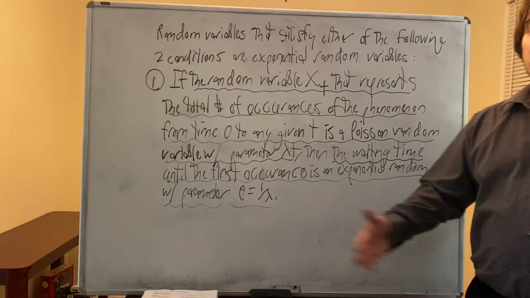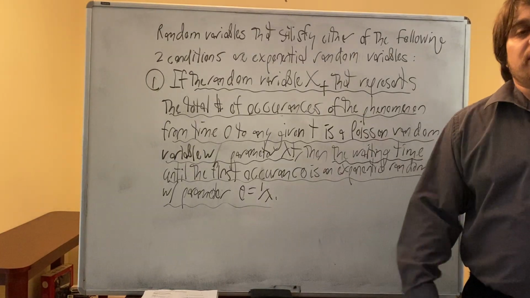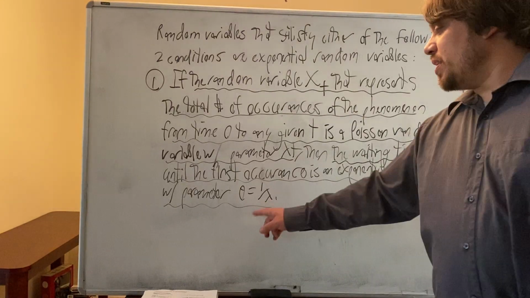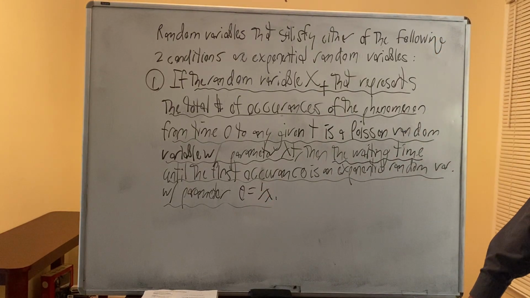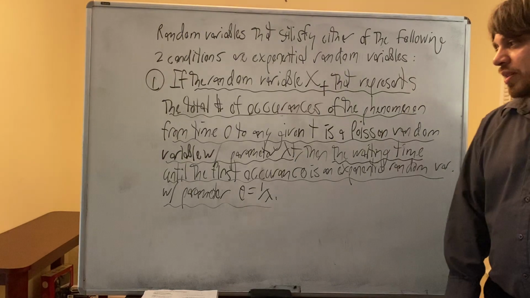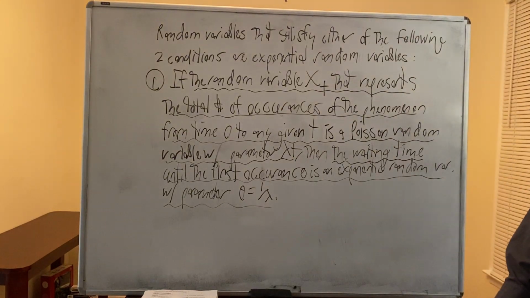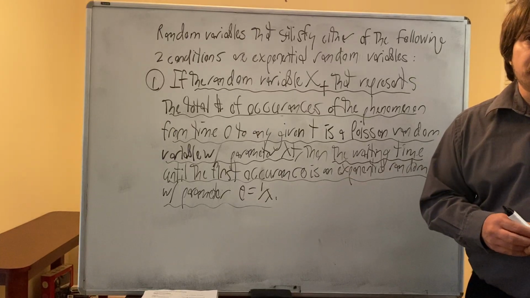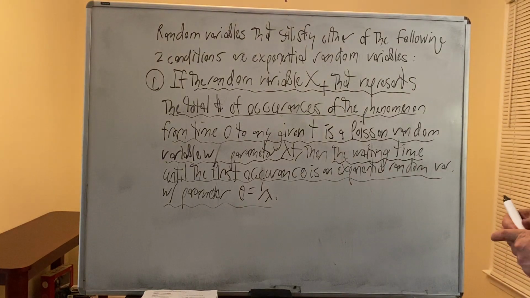On average it would take 12 minutes for another occurrence. And so parameter theta equals 1 over lambda. That would be like the average until the first occurrence, so you would be waiting 12 minutes on average for the next occurrence. Okay, so that's one.